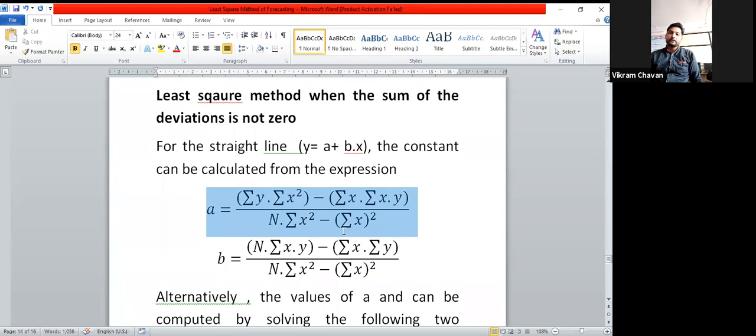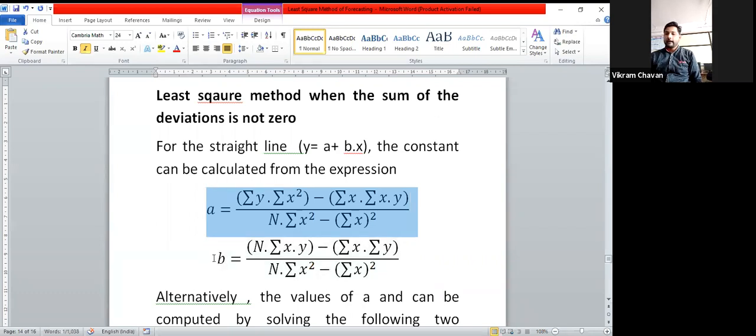You can note down: a is equal to (summation of y multiplied by summation of x square minus summation of x multiplied by summation of x multiplied by y) whole divided by (n multiplied by summation of x square minus (summation of x) bracket square).